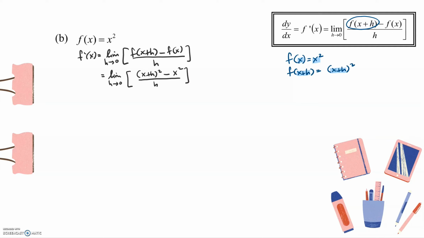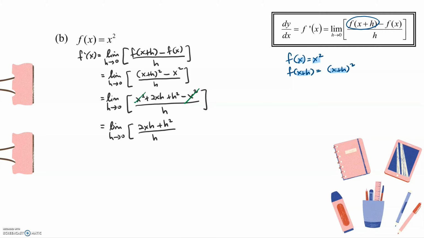Remember that our aim is to cancel h at the denominator, so we need to expand the numerator. In order to cancel h at the denominator, we need to factorize h at the numerator. So we cancel h.